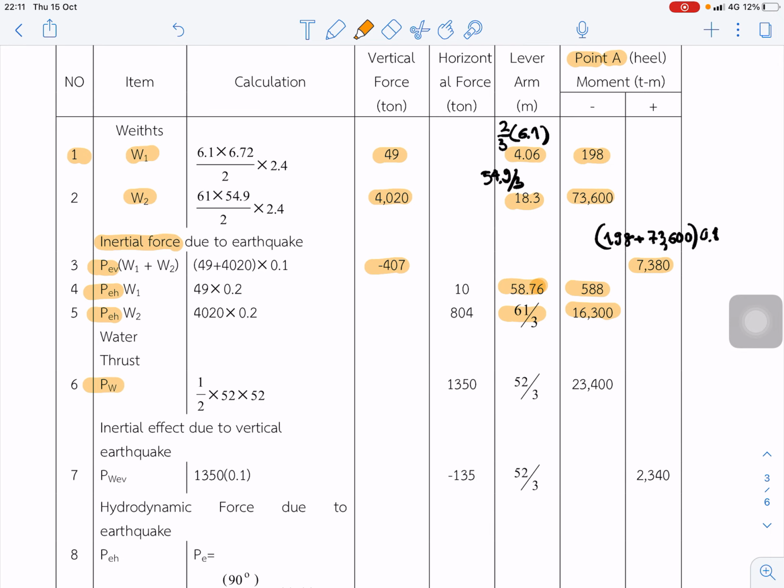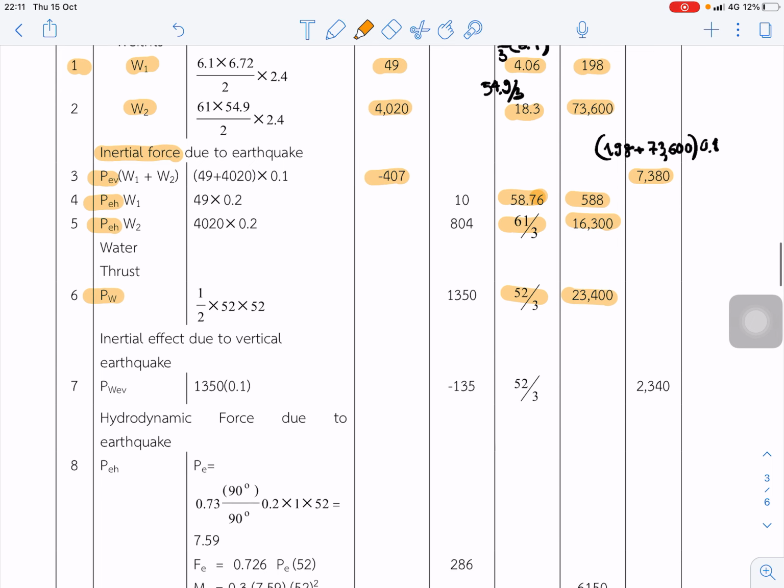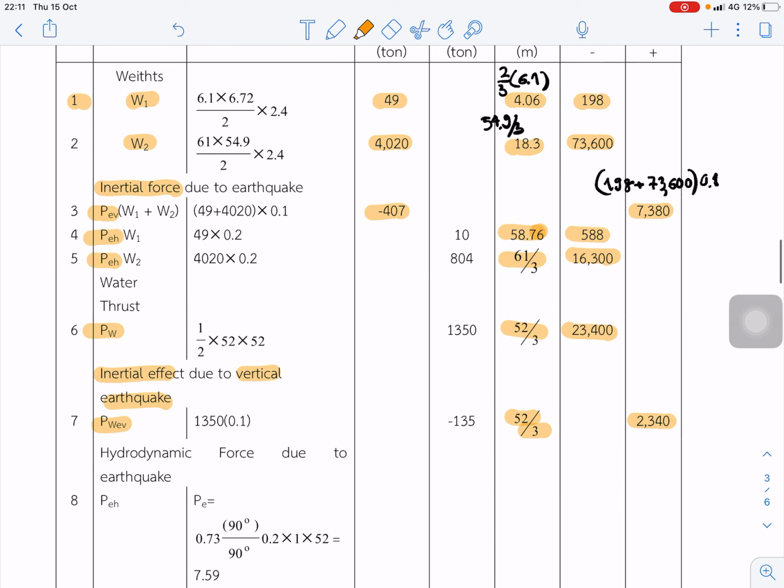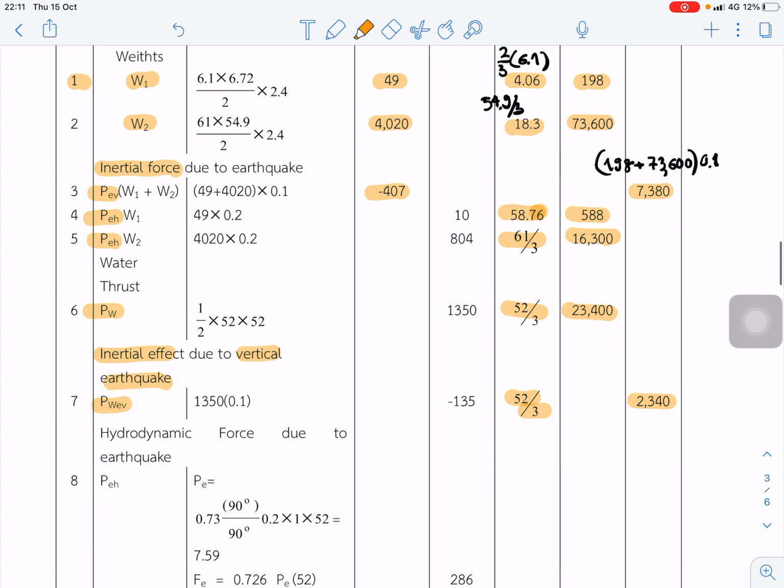So the next is the hydrostatic force. The length is 52 divided by 3, and still clockwise, so it's negative. And for the inertial force due to the vertical earthquake for water, based on this equation, the length is 52 divided by 3, and it's positive because it's anti-clockwise.